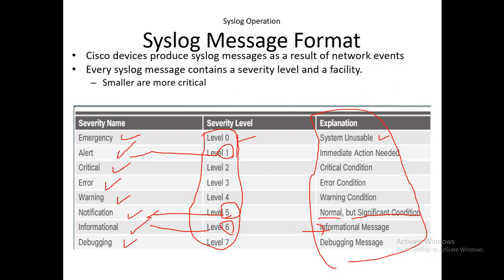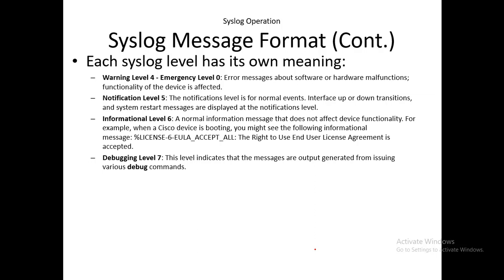Using this level number from 0 to 7, there are a total of 8 levels, so the user will have an idea about the type of message. Each syslog level has its own meaning: warning is level 4, notification level 5, informational level 6, debugging level 7, and the list goes on. Every number has its own meaning.